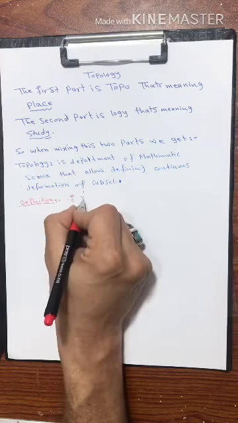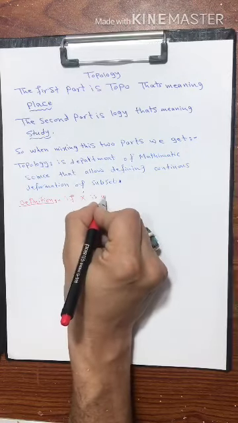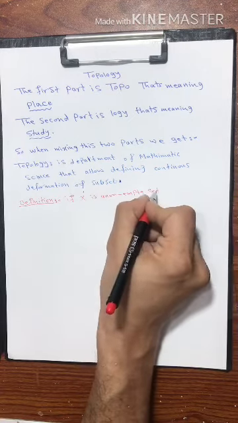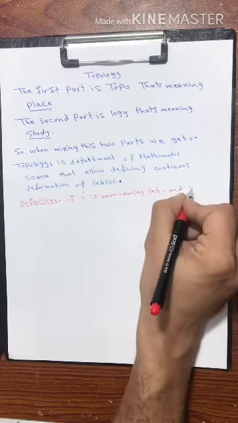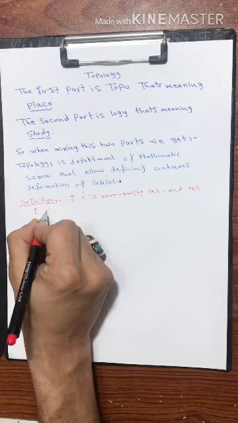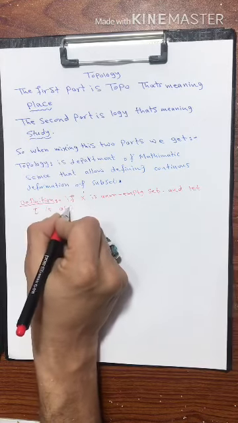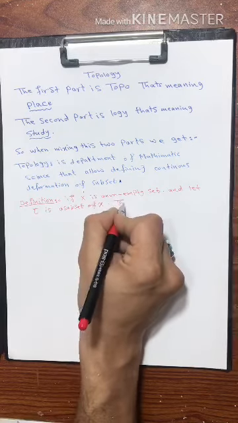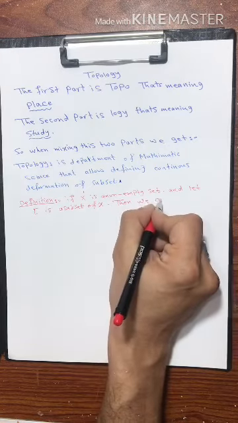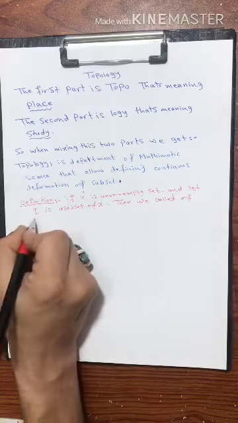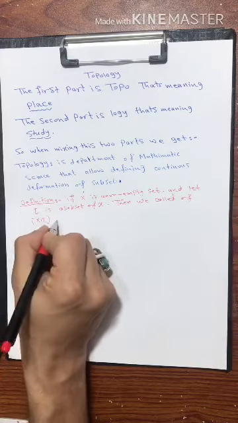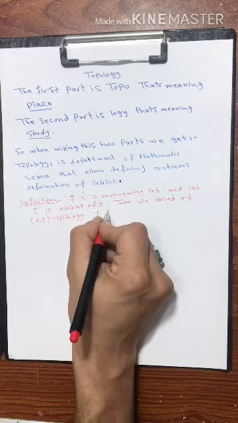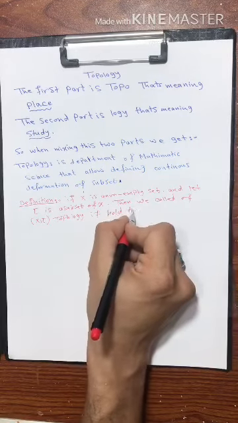Let X be a non-empty set and let tau be a set of subsets of X. Then we call (X, tau) a topology if three conditions hold.